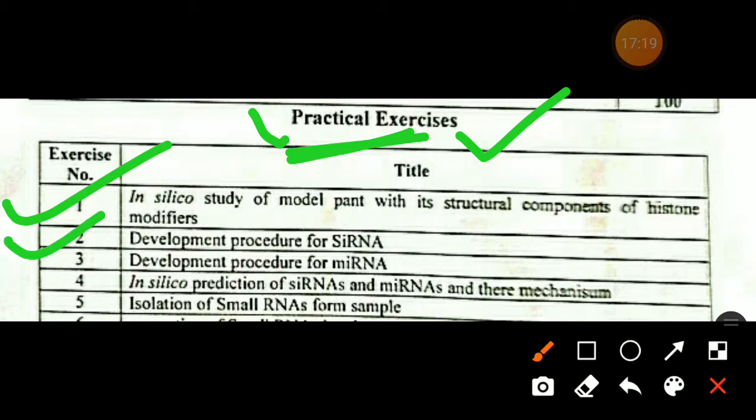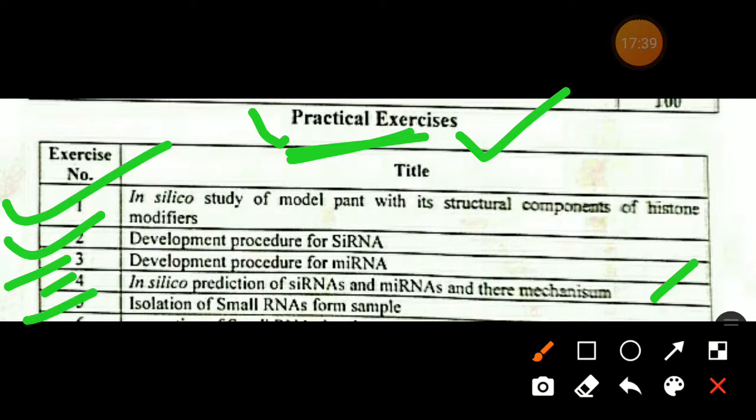Then second exercise, development procedure for siRNA. Third exercise, development procedure for miRNA. Fourth, in silico prediction of siRNAs and miRNAs and their mechanisms.